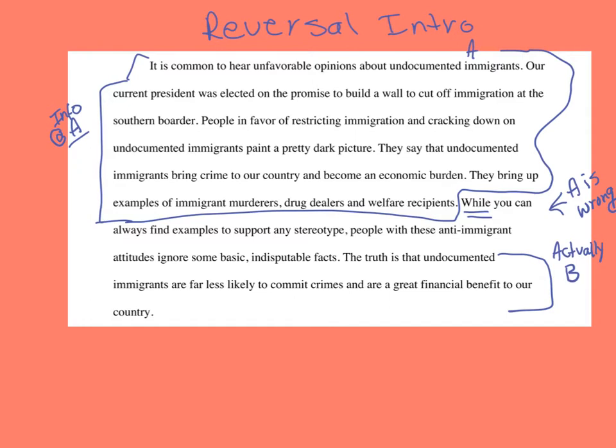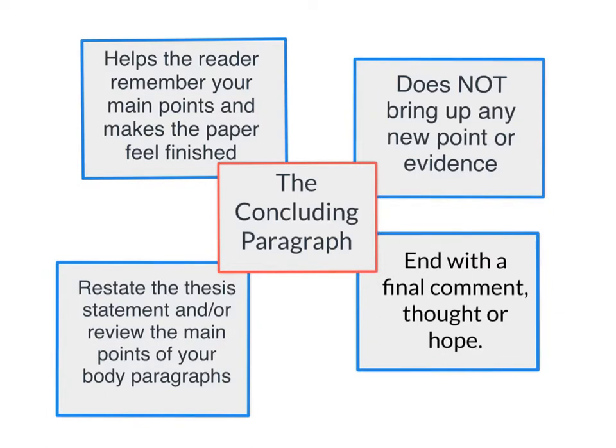All right, so that is an example of a reversal intro, and I think also a structure that will work great for the essay that you are working on right now about some false ideas people have about history. If you have a different idea about how to write your introduction, you are definitely welcome to try that out as well.